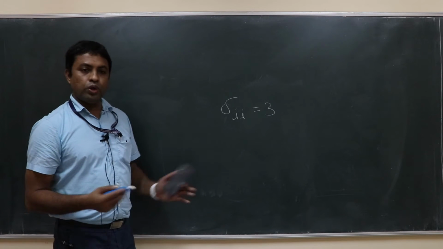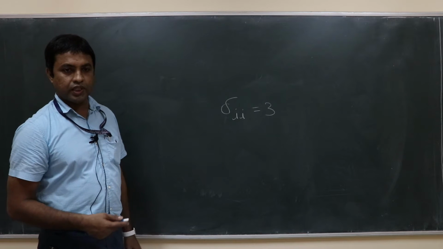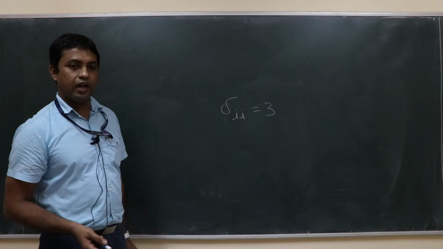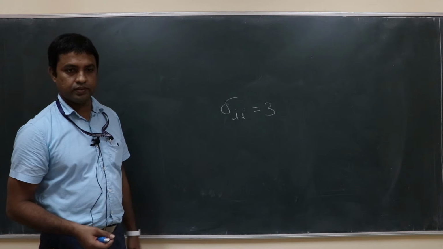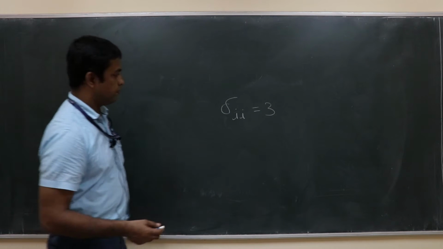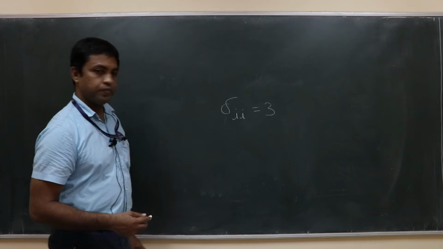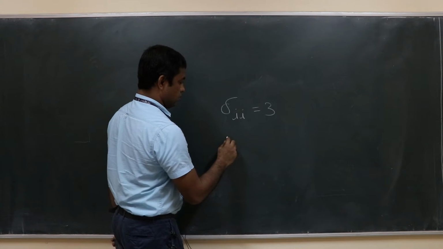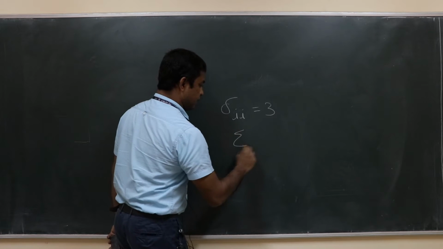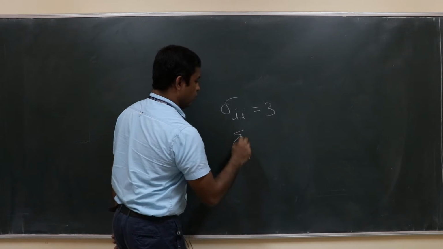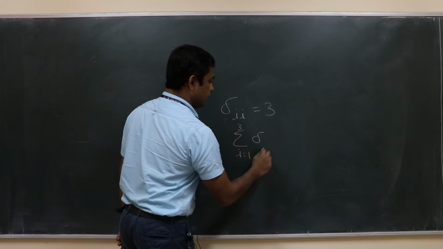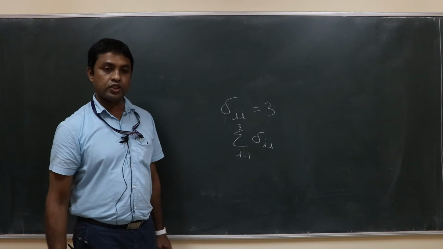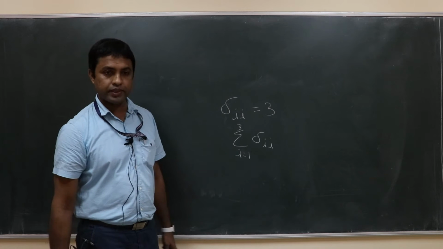Suppose I don't use the summation convention, or index notation. How do I write the same equation? You can write it as summation i equal to 1 to 3 of delta ii, where I still use the index notation but not the summation convention.